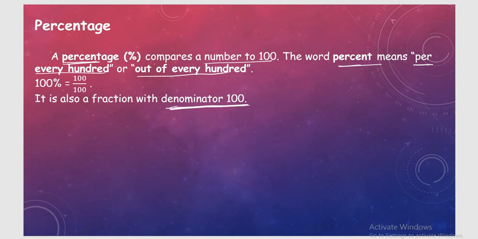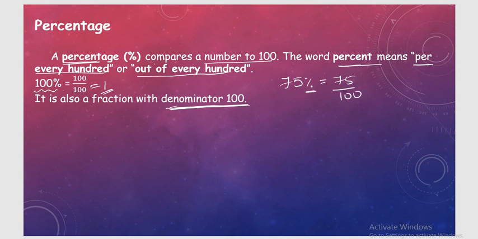So if you take 100%, it is denoted by 100 by 100, which gives me 1. If you want to express it in percentage, then it is 100%. If you want to express it as a number, then it is 1. Suppose you want to say 75%, then 75% is nothing but 75 by 100.